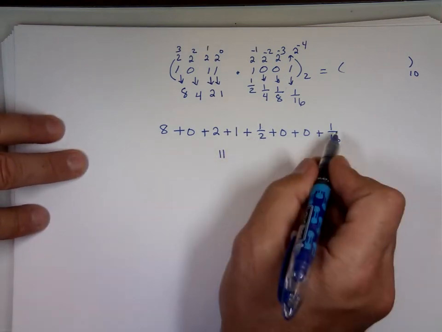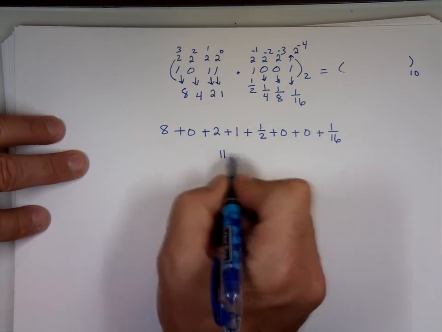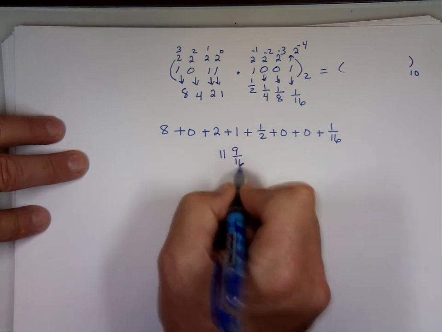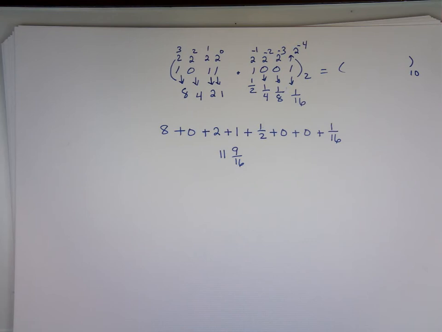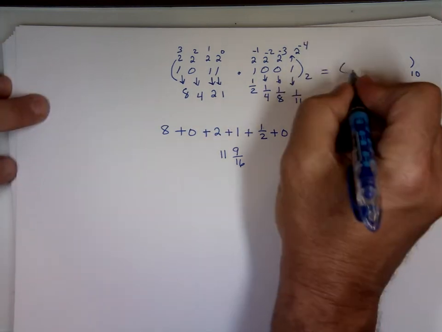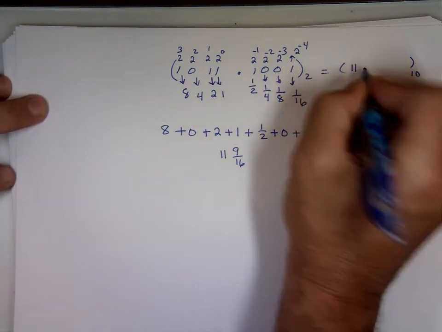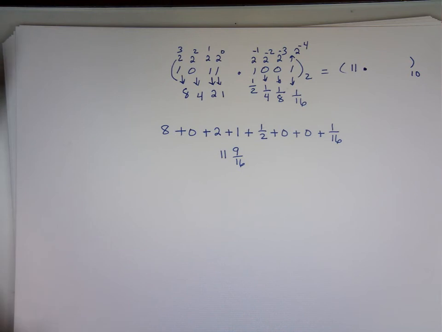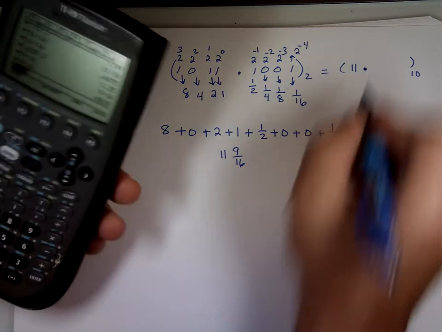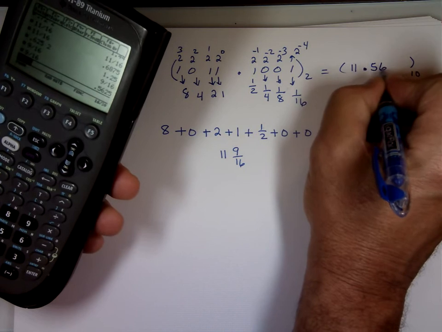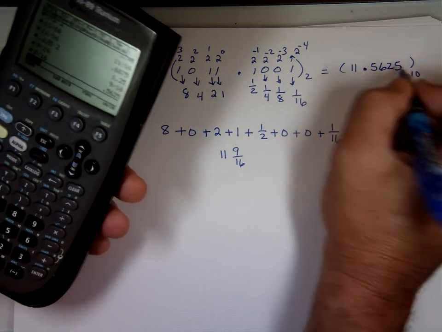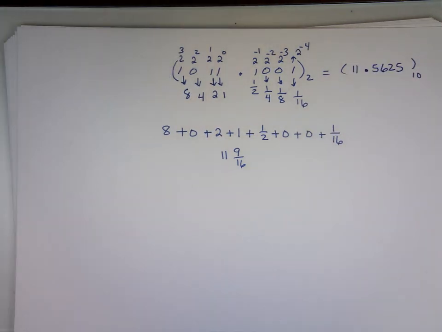That's 9/16. 11 and 9/16. So it's 11 point. Let's see what 9/16 is. .5625. 11.5625.